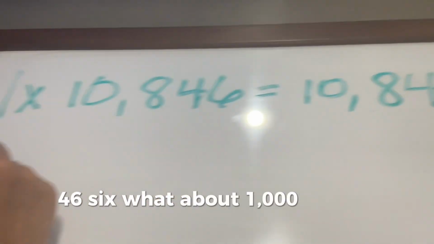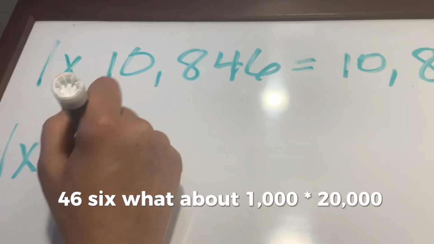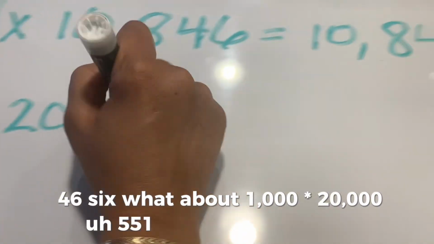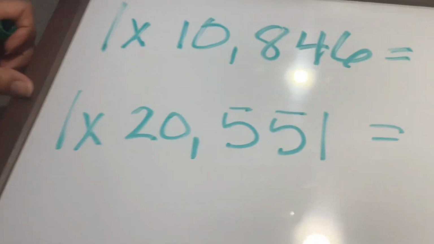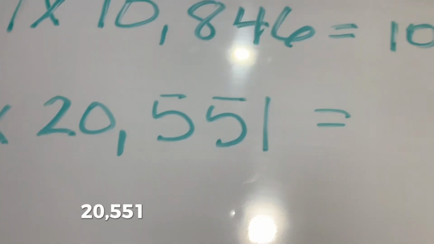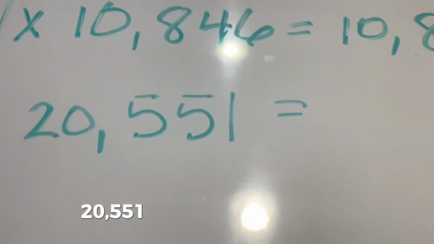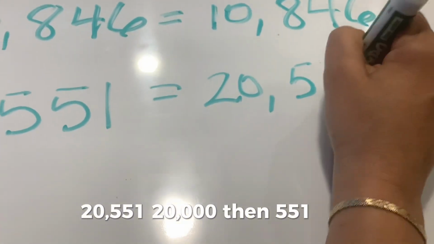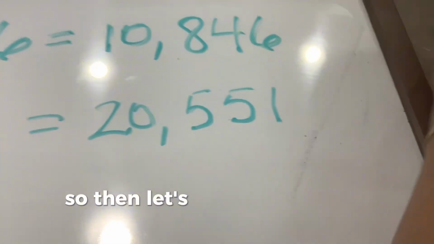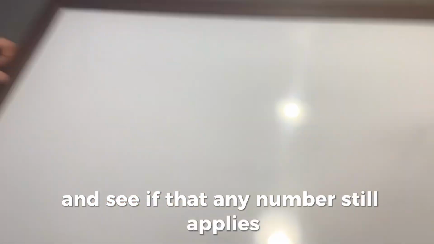What about 1 times 20,551? What would that be? 20,551. 20,000, then 551. Okay, so then let's try some 100,000s and see if that any number still applies.